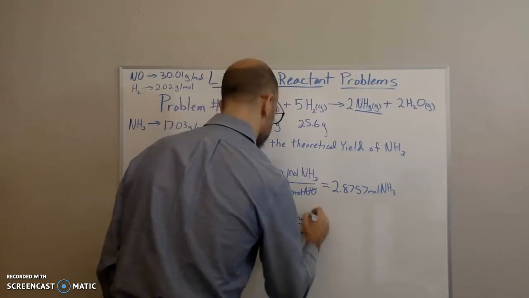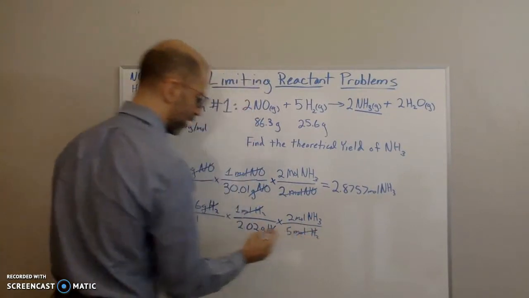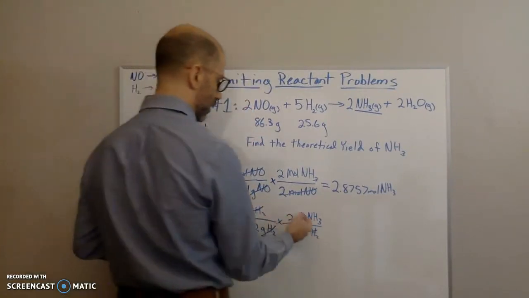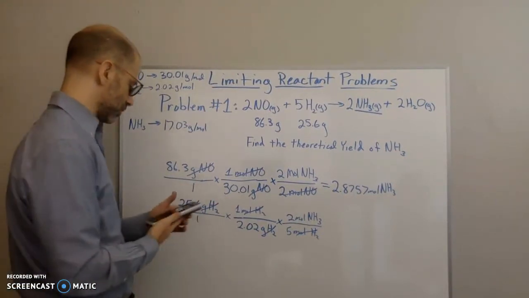2 moles of NH3. So moles of H2 cancel out, and now I have moles of NH3. So now I'm going to calculate that using my calculator.